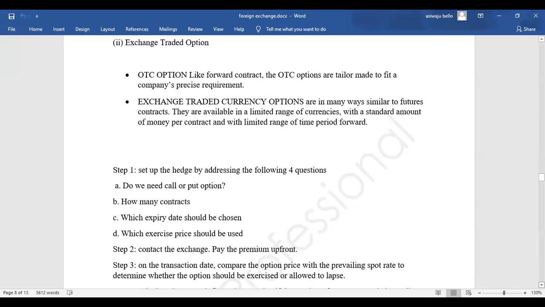On the actual transaction date, you are going to compare the exercise rate with the actual spot rate to determine whether to exercise your rights or not.